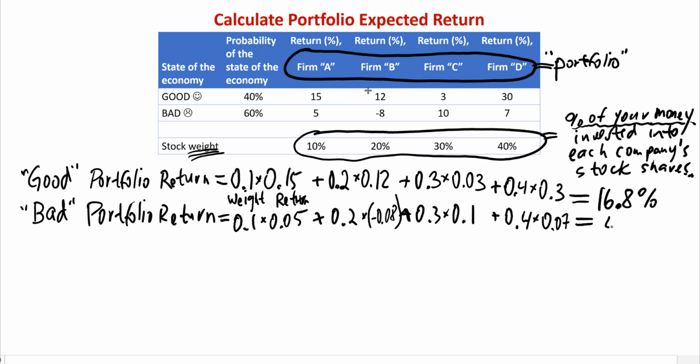You do the math, you get 4.7%. Actually, because I used everything in decimals, it's really, for the good portfolio return, it's 0.168, and for the bad scenario, it's 0.047.